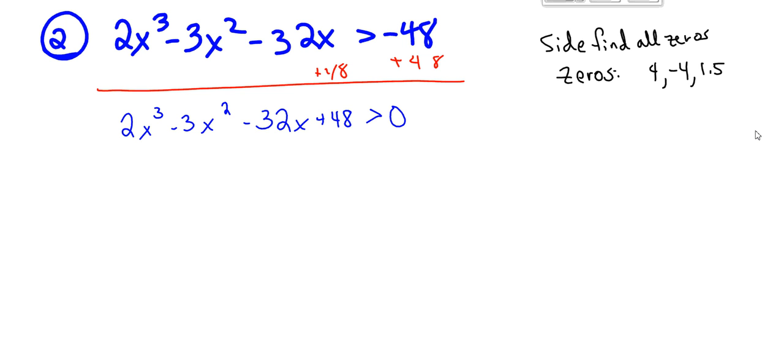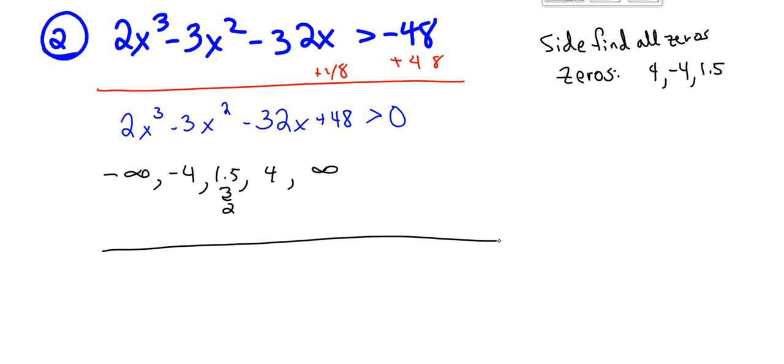And so then I like to line those up from negative infinity. Then I would come to -4, then I would come to 1.5, then I would come to 4, and then I would come to positive infinity. And I might call that 3 halves. I just might think that might be a little bit better. And this time I'm going to do my interval.